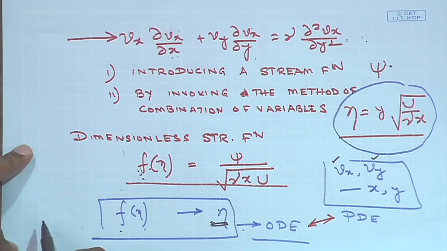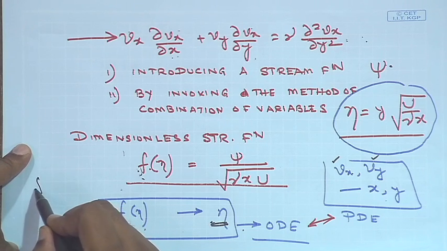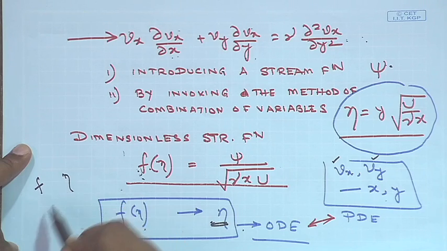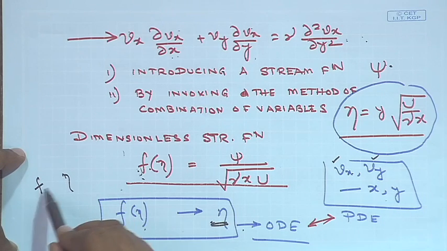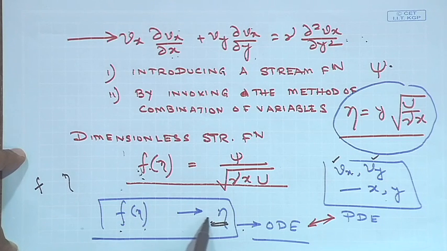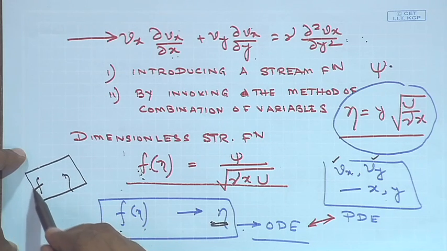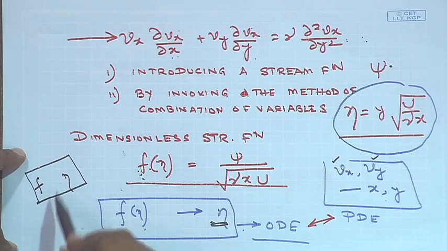If we are correct, then our final equation would contain f and eta. And if f is a function only of eta, then the governing equation between f and eta will simply be an ODE.